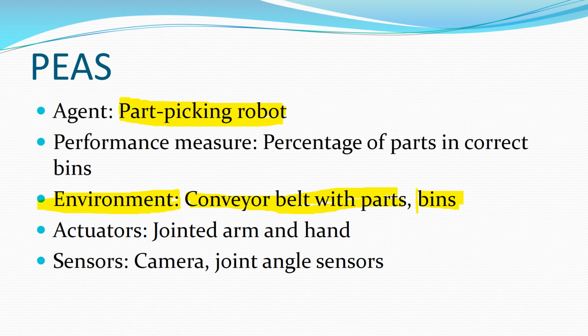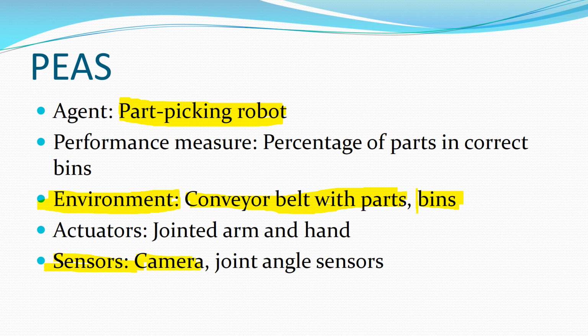Apart from this, whatever the typical factory environment has, that is the switches or big rooms or some material, the machines, all that comes under your environment. Now, what may be the sensors? The sensors may be the cameras.